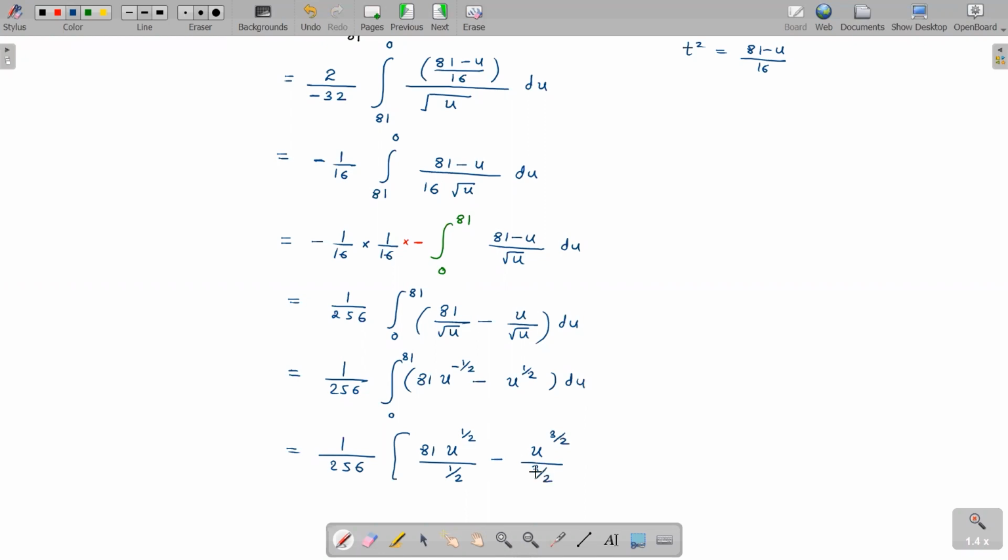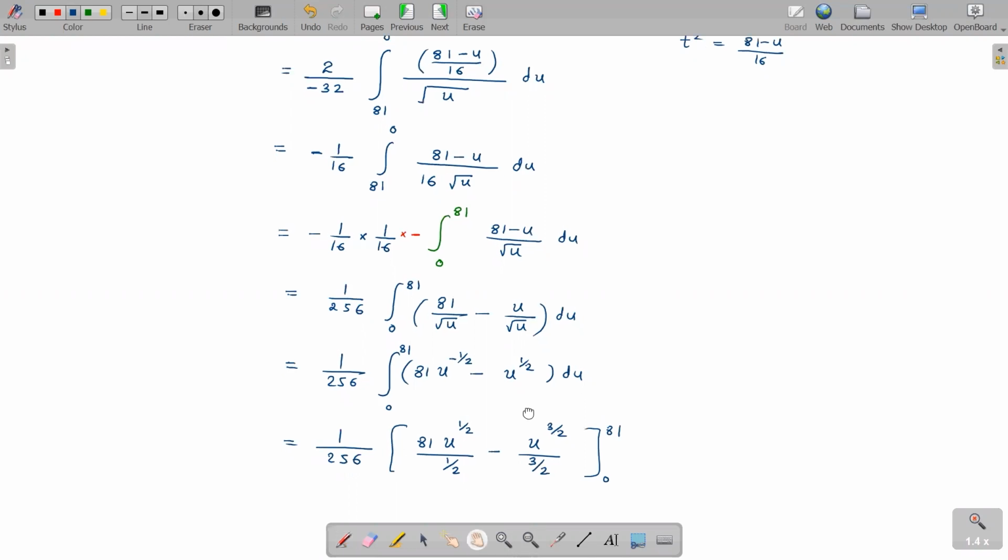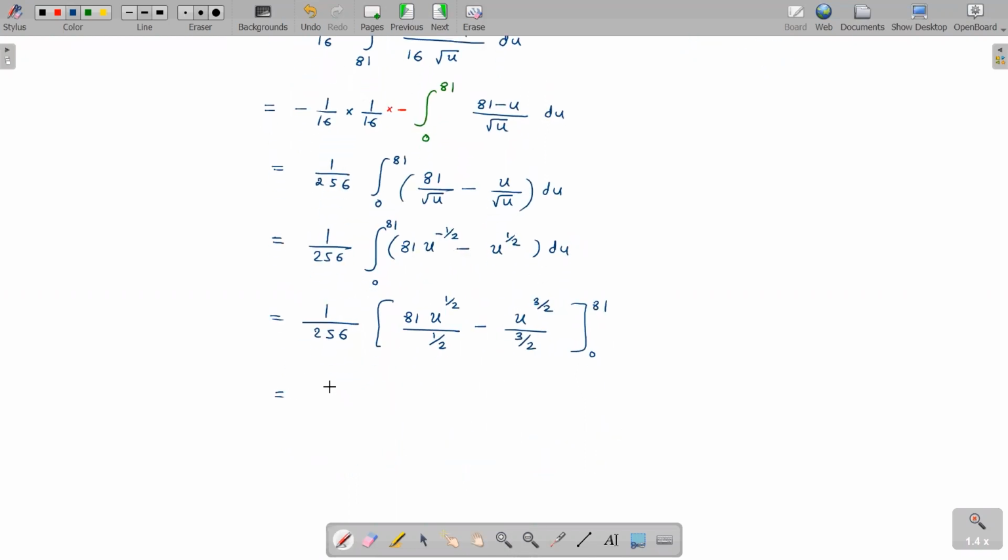We are integrating, isn't it? And our integration limits are from 0 to 81. So 1 over 256 times 81 divided by half, which is 162 u to the power half, minus 2 over 3 u to the power 3 over 2.